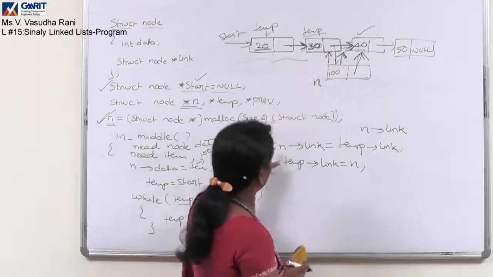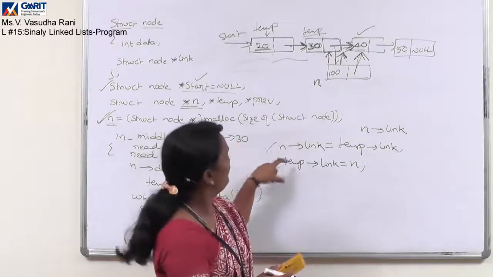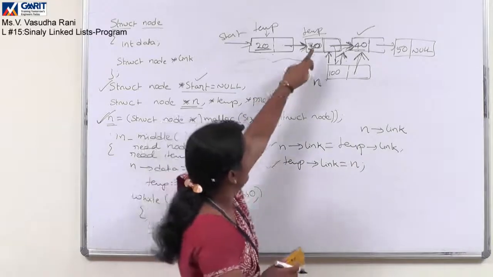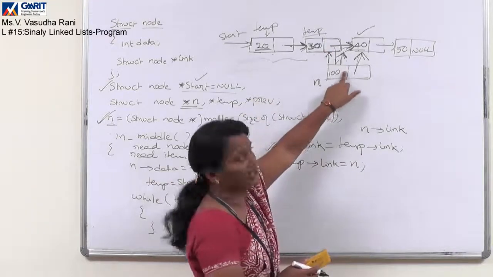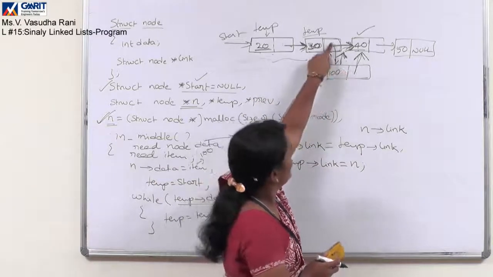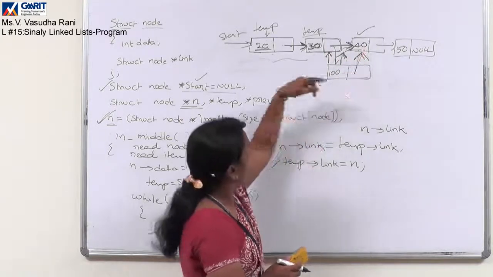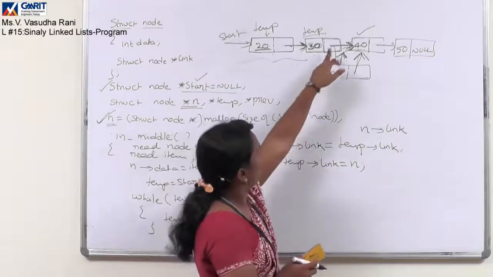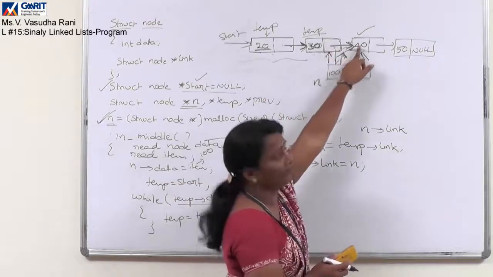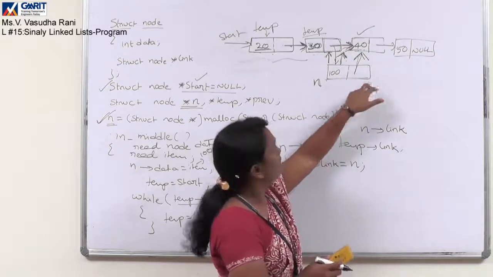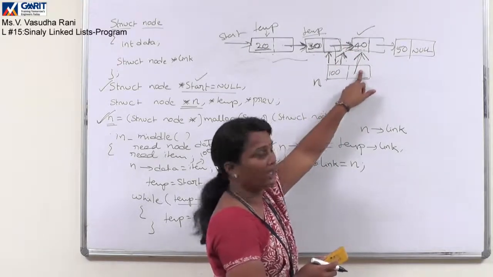Here these two steps should not change their order, because if you do temp link equal to n first, we will be losing the address of the next node. For that, first of all, this temp link which is referring to the next node, that address we have to store in this new node's link part.